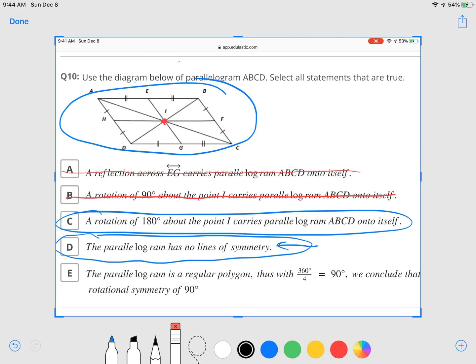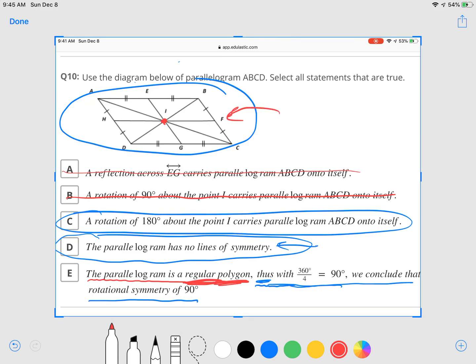The next option is E. It says the parallelogram is a regular polygon, thus 360 divided by 4 is equal to 90, and we can conclude that the minimum rotational symmetry is 90 degrees. This is maybe a little bit tricky because all of this stuff from thus forward makes perfect sense. The problem is that the hypothesis of this statement, the beginning, says that the parallelogram is a regular polygon.